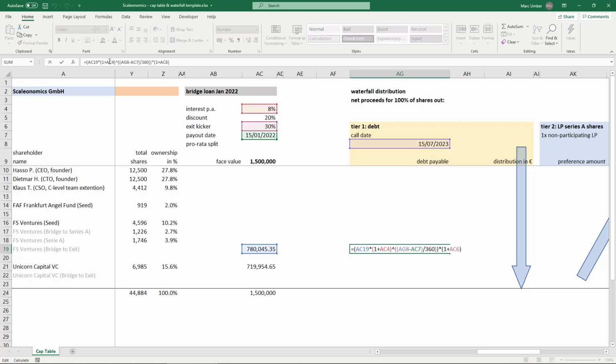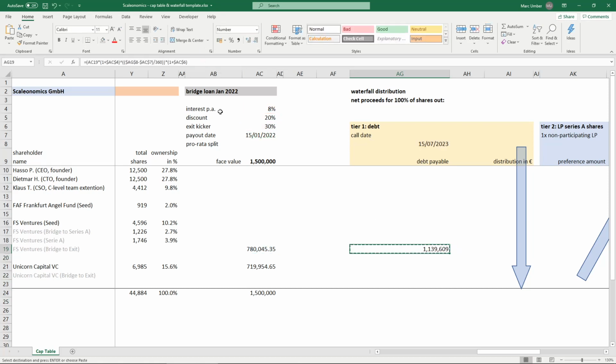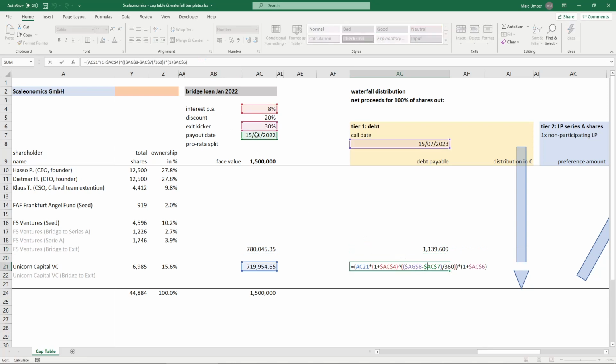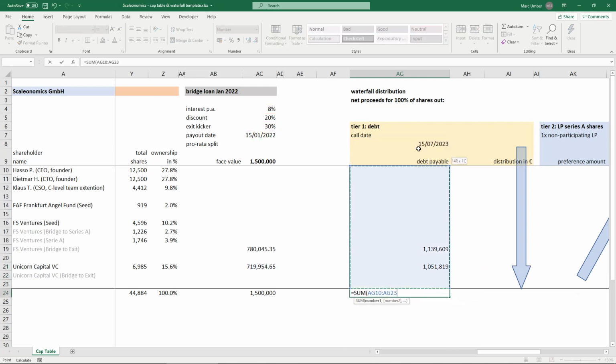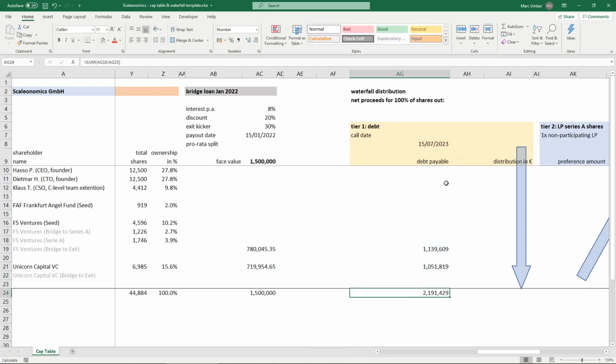Let's make this such a way that we can copy and paste the formula. Let's test the formula. Very good. So in total, the first tier of our waterfall distribution will hold 2.191 million euros that can be redistributed.